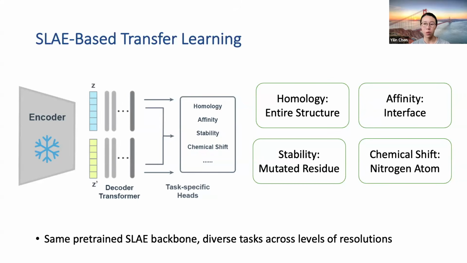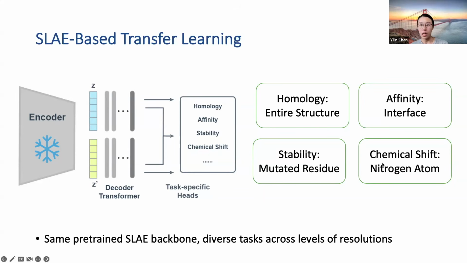Then we have protein-protein binding affinity, where we let the head look at the residues on the interface. And then we have mutational stability, where we just look at the residue embedding of the mutated residue. On the left is the scheme of comparing two embeddings from two different structures, and you can do a Siamese or contrastive way of learning from them.